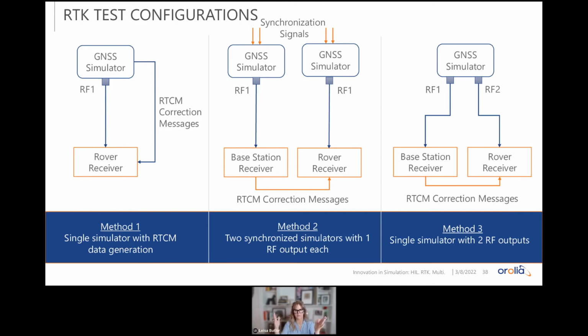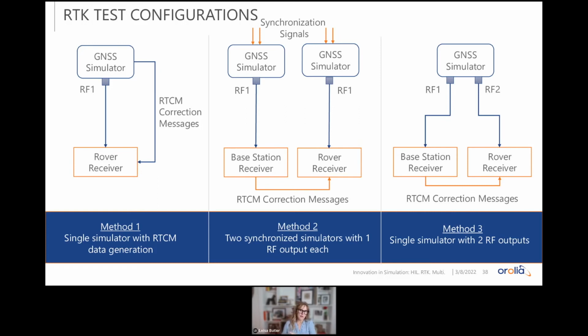You always have to synchronize them if you have two separate simulators working together but independently, if that makes sense. You always have to have a separate time source. So you send the signal to the base station and the rover, and in that situation, the base station would send the RTCM correction messages. So that's one application.